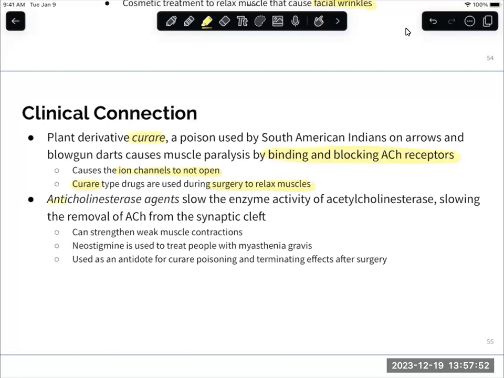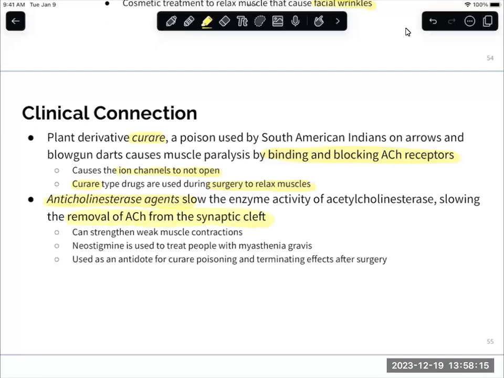They use anticholinesterase agents to help reverse the process. Anticholinesterase agents actually slow the removal of acetylcholine from the synaptic cleft.